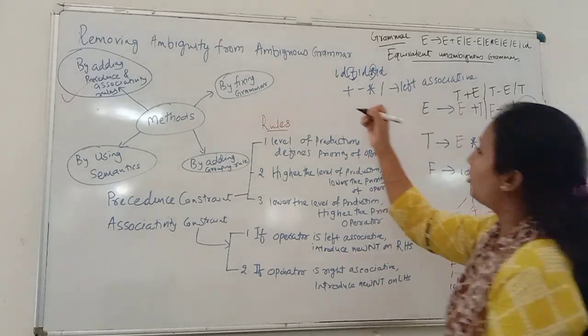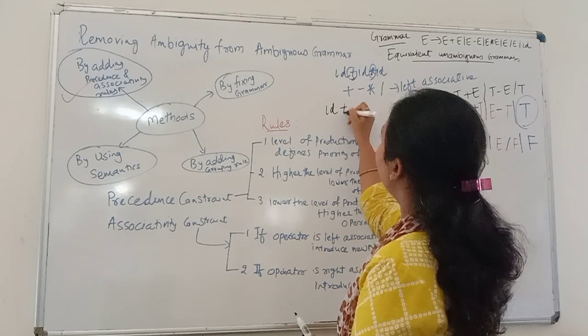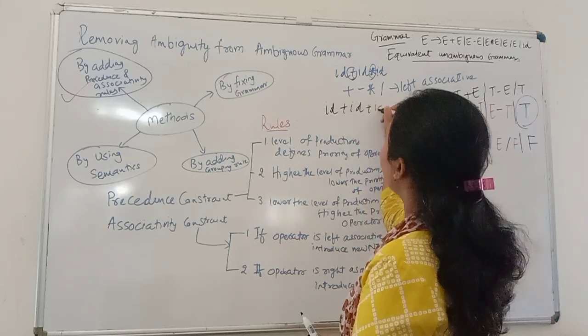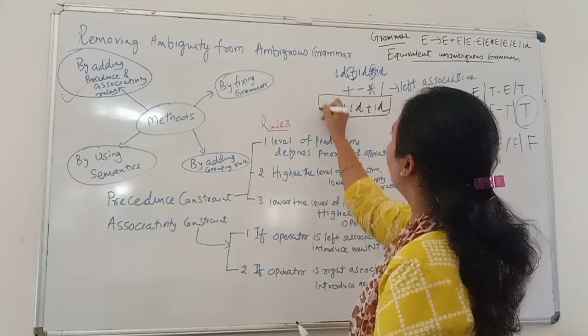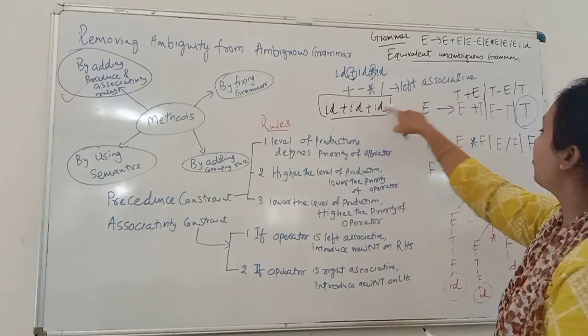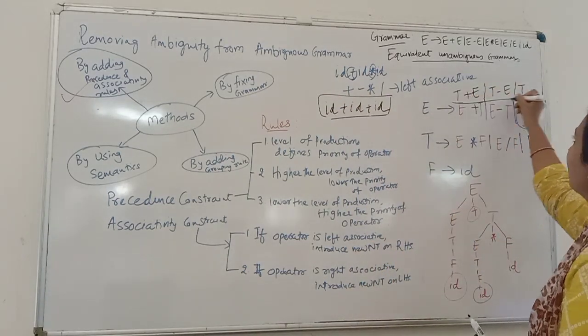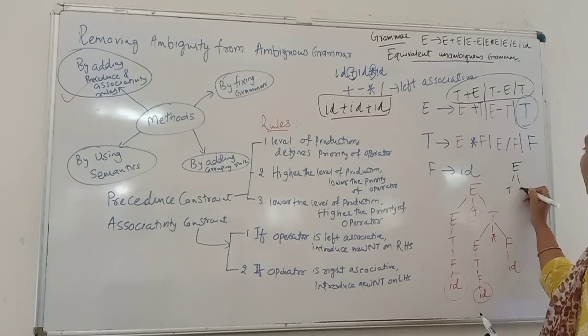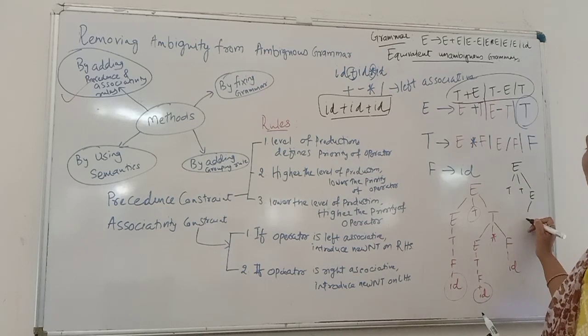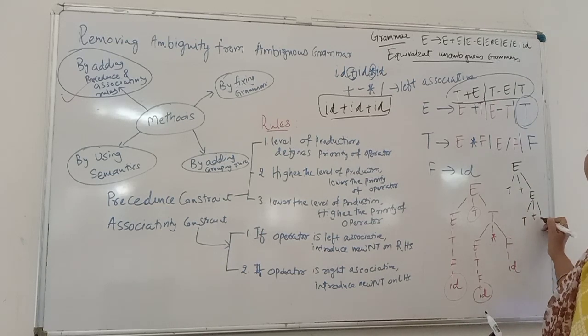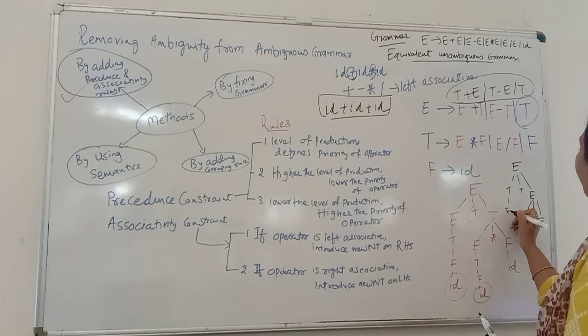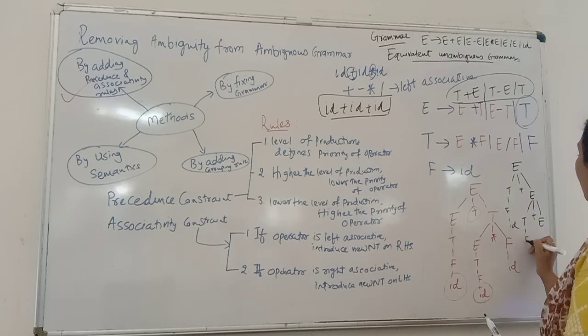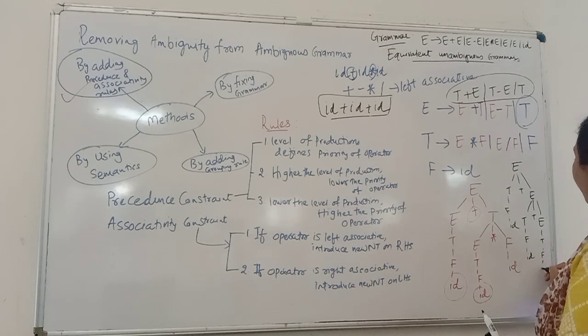If I have a string ID plus ID plus ID, and if I want to derive this string from this production rule, in that case E to T plus E, and again T to E to T plus E, T to F, F to ID, this T to F, F to ID, and E to T, T to F and F to ID.